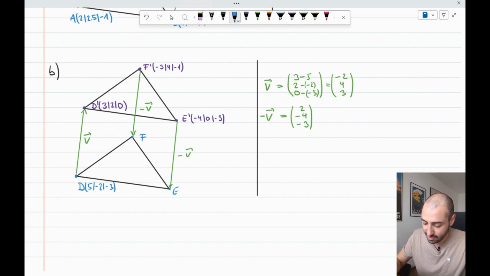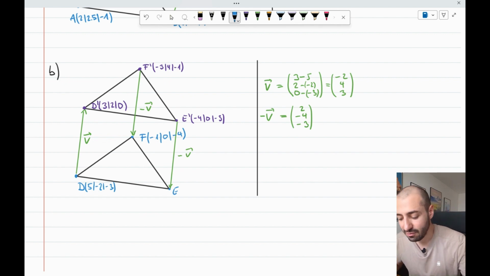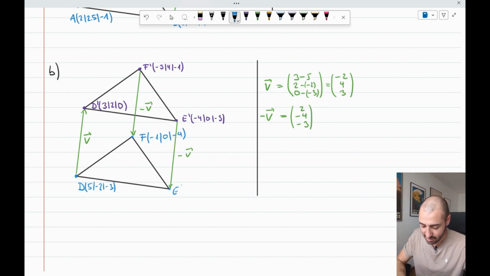So for F, in the x direction, minus 3 plus 2, you're at minus 1. Then 4 minus 4, you're at 0. And minus 1 minus 3, we're at minus 4 for F. And for E, again the same, minus 4 plus 2 is minus 2.